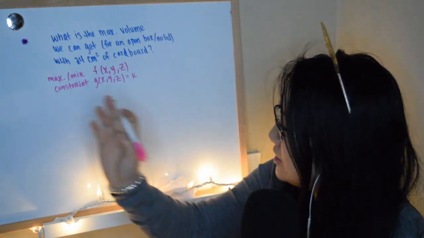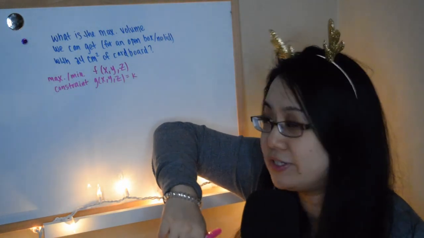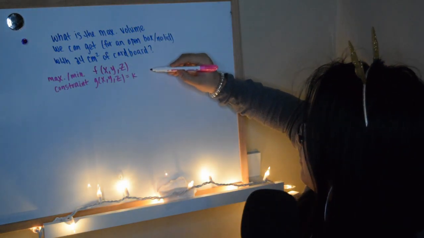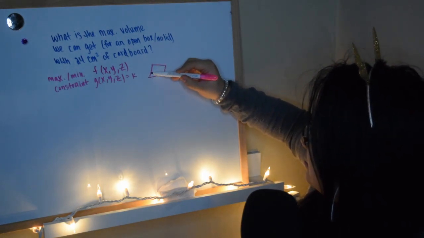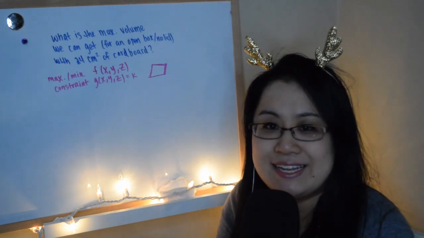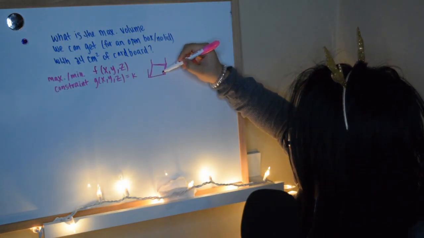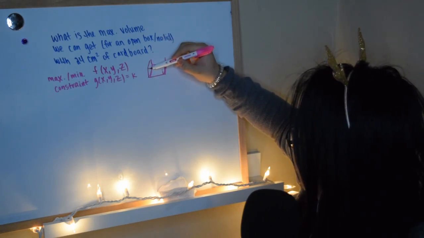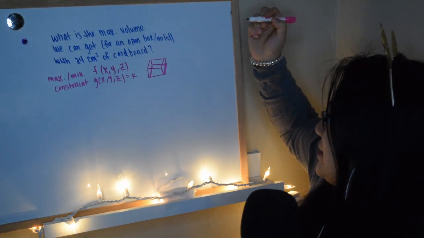So in this case, we can determine what our functions are. I am not so good at drawing stuff, but I'll try. So we have the base of our box, and it'll have a height, something like this. Oh dear. Okay. I'm gonna try. Okay, maybe like that.